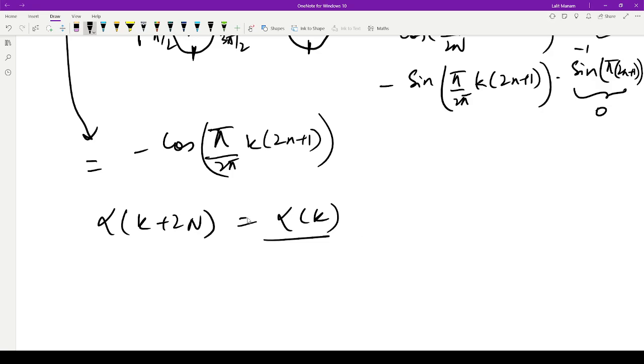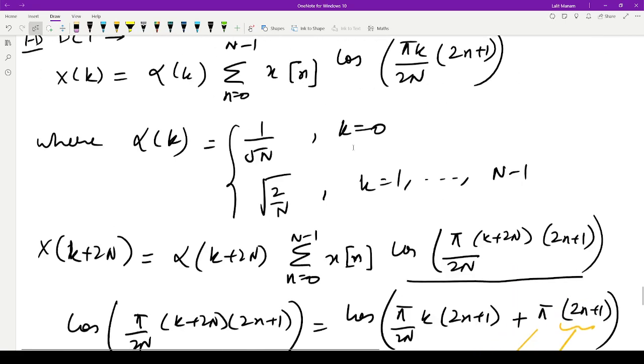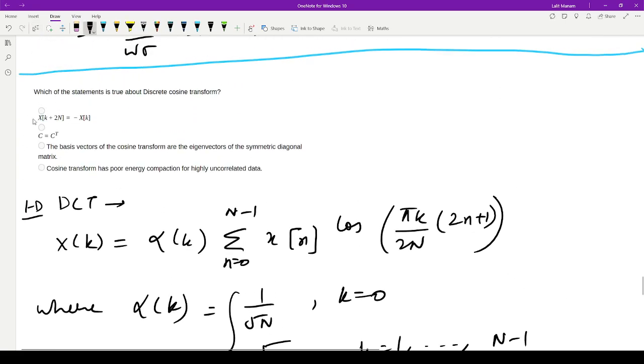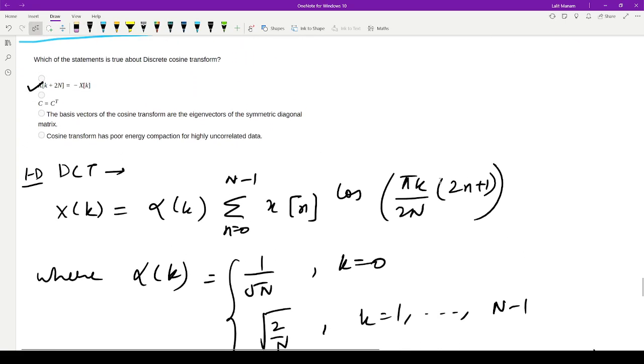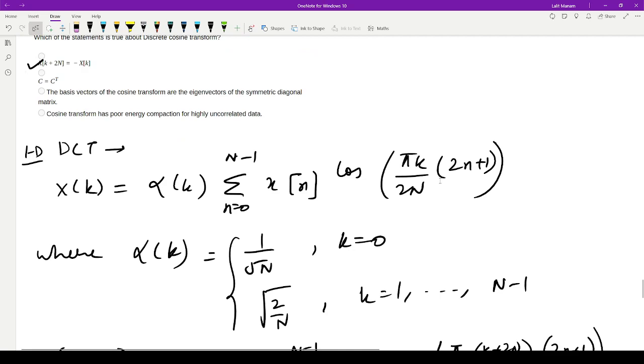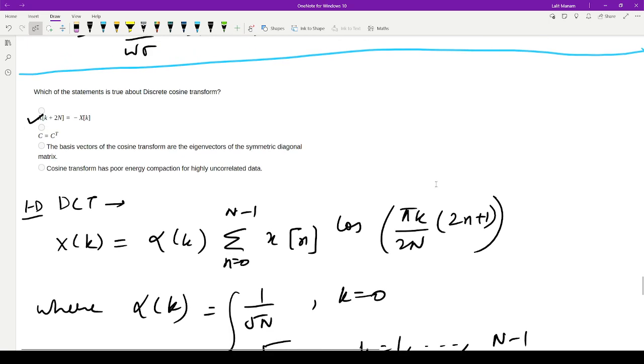So given that you have this, this specific part is right. Okay. Any doubts? And we'll move on to the next part.